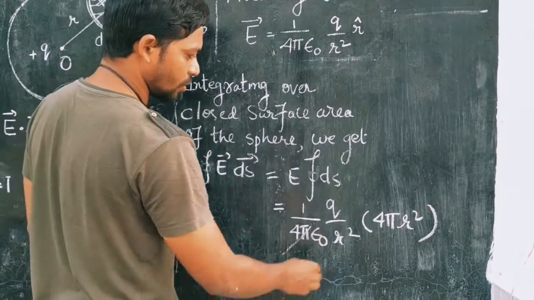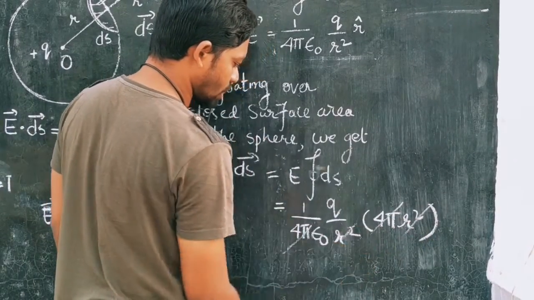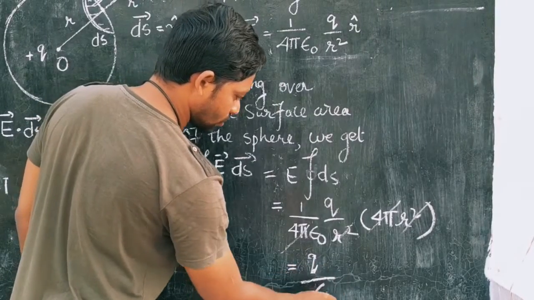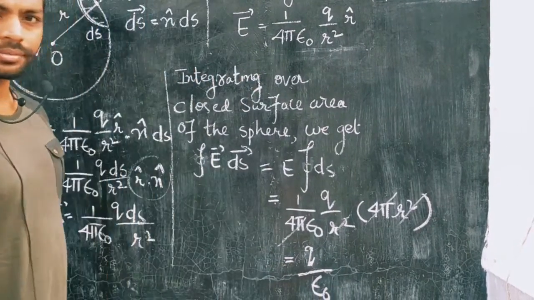So you can see 4 pi r square. So we are left with q by epsilon naught.